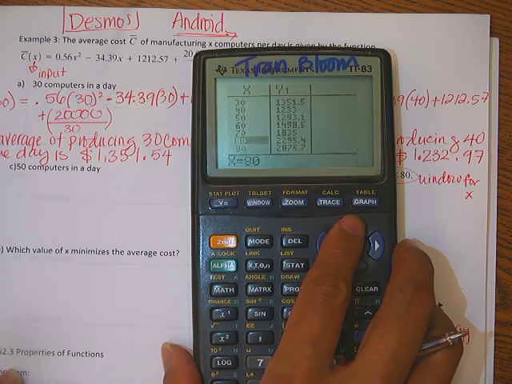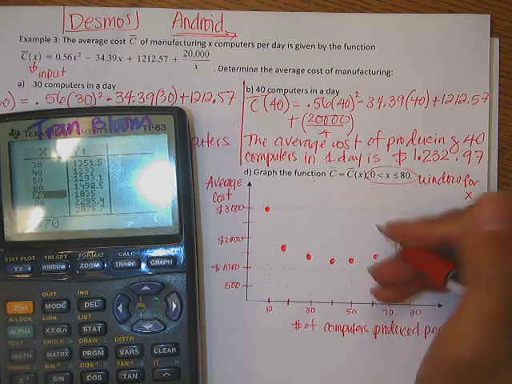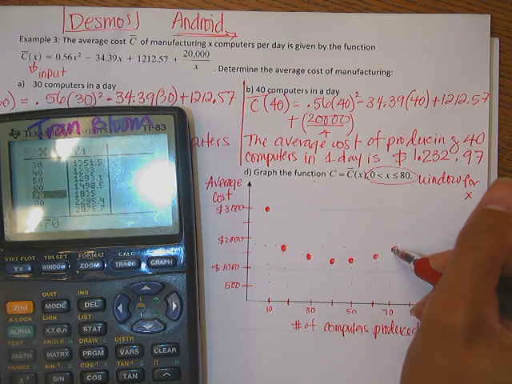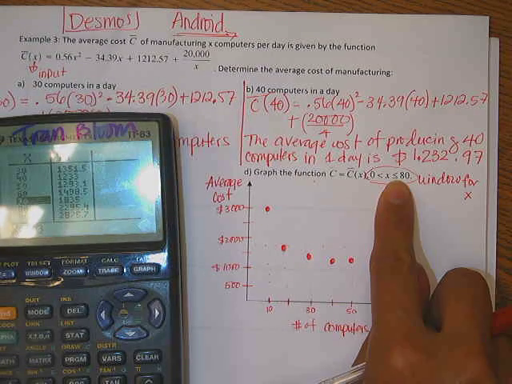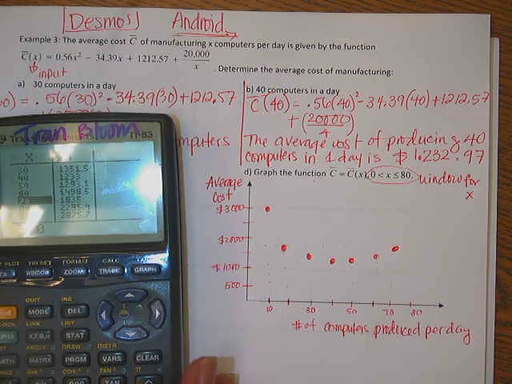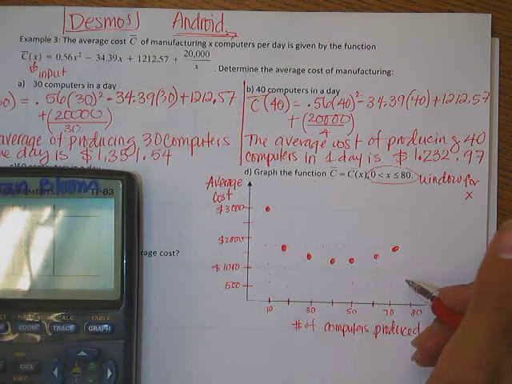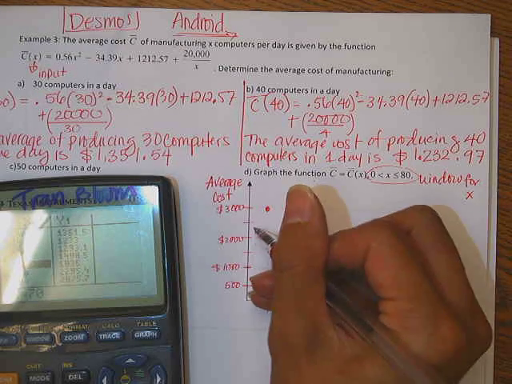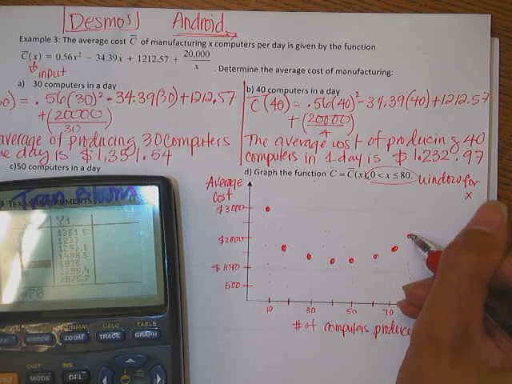There you go. 70, I have 1835. So 70, which is past 1500, somewhere here, it's 1835. And then the last one on my window, it's 80, is 2200, almost 2300. So we're gonna go 80 computers, almost 2300. So those are enough dots.